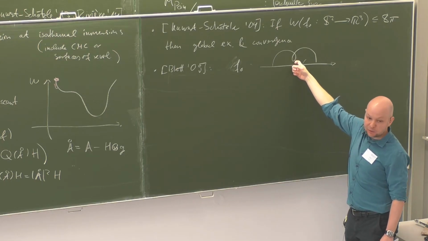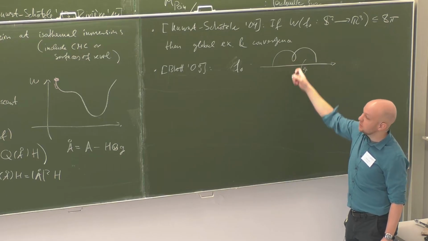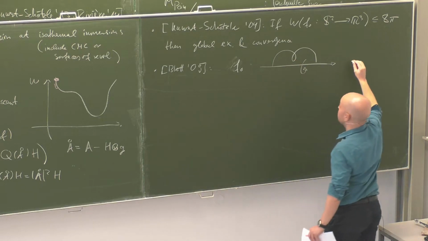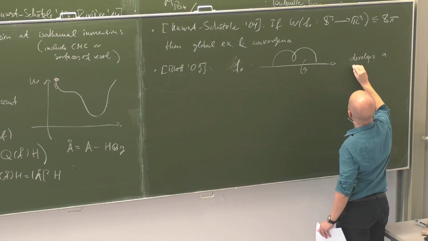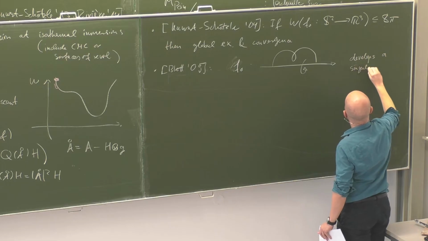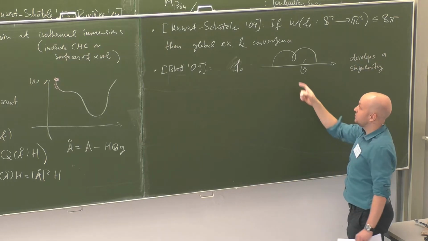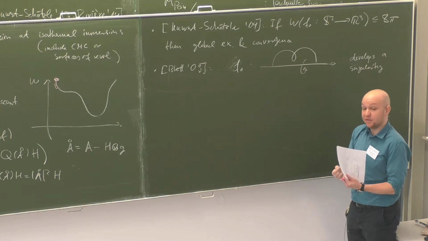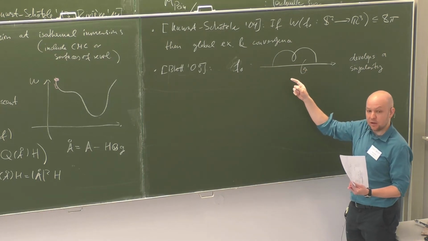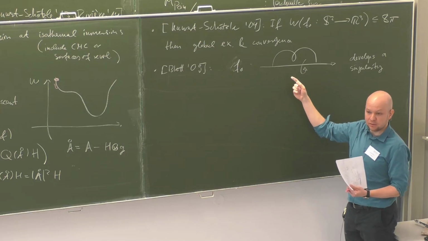But the winding number, which is encoded in this initial datum, does not allow the flow to converge. This develops a singularity. And if you look at this closely, you think that the loop gets very, very small and approaches the axis. You would see two spheres, right?